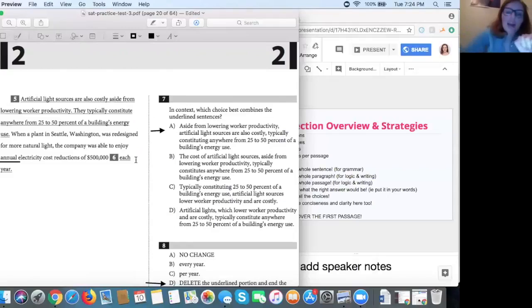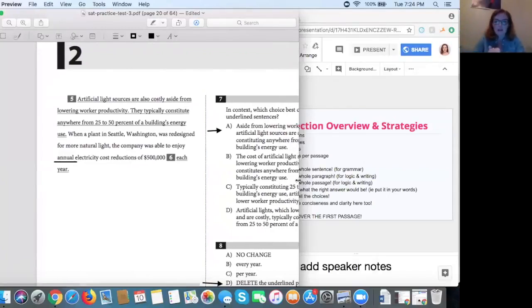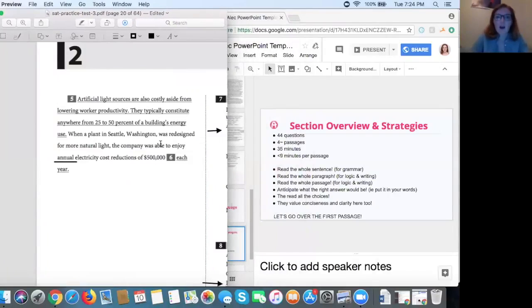So I'm thinking, how would I combine these two sentences? I would probably say, "Aside from lowering worker productivity, artificial light sources are costly and typically constitute anywhere from 25 to 50% of a building's energy use."